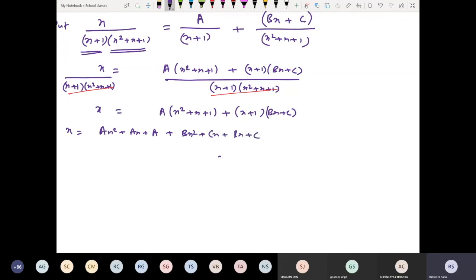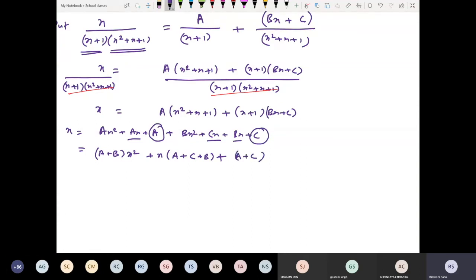Just multiplying. Now collecting these two, it will be a plus b into x square. Now the terms containing only x: x times (a plus c plus b). The constant term is a plus c, not involving any variable x.